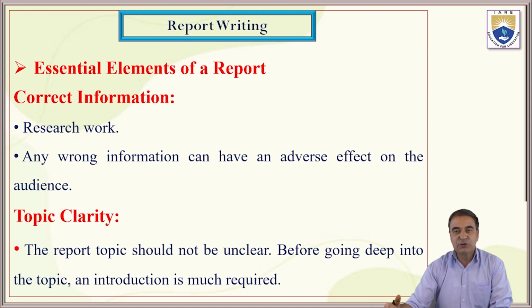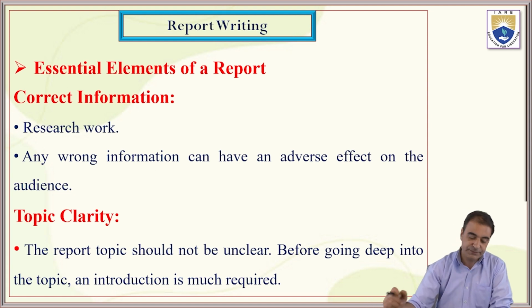And the next one is topic clarity, and your topic must be clear. When we talk about topic clarity, it is the title that gives us the whole idea of the report. That's why we often say that the title must be short, brief, to the point. It must be apt and appropriate, but at the same time, it must be catchy if you are writing a report for a newspaper.